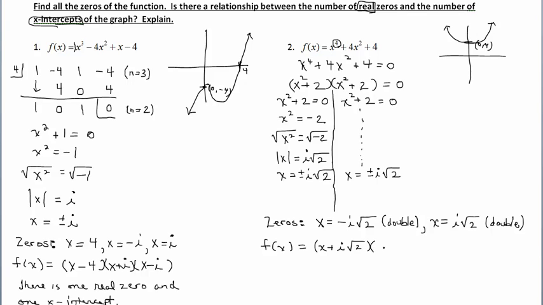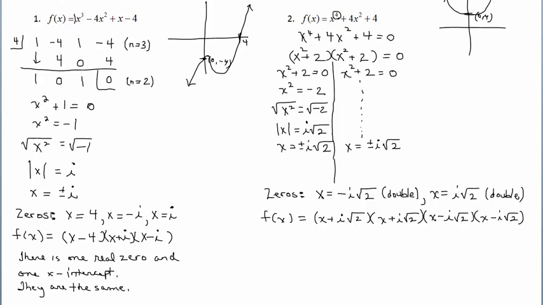Well, if I'm writing out the factorization, then I need to write out both of them, because I need to clearly see 4 parentheses. Hopefully you see over here that this imaginary 0, when brought to the other side, would come from the factor x minus i square root of 2, occurring twice.